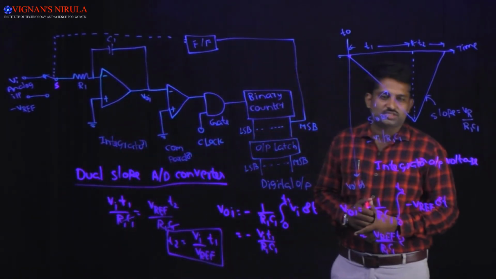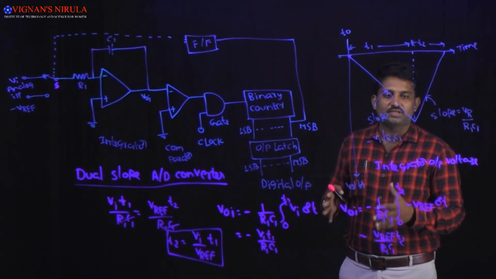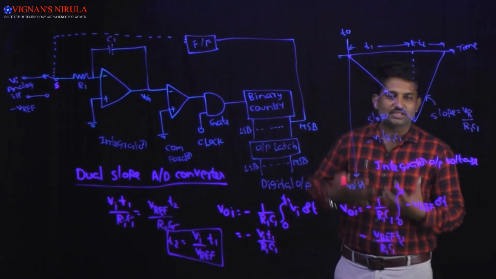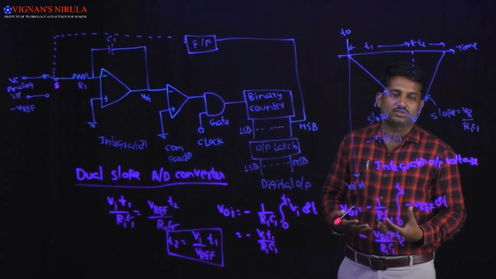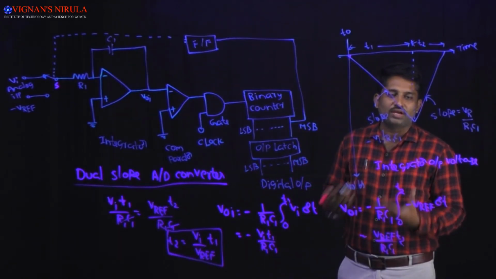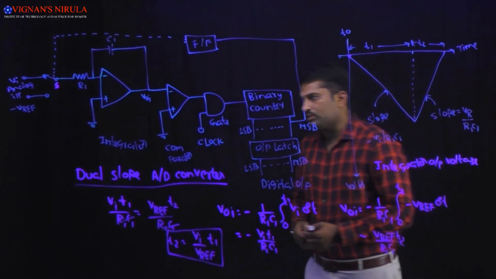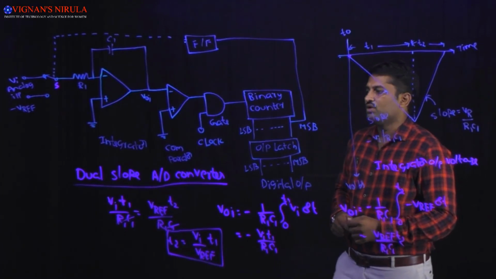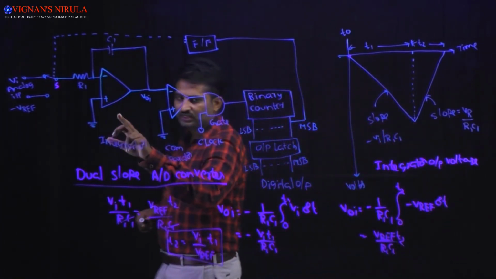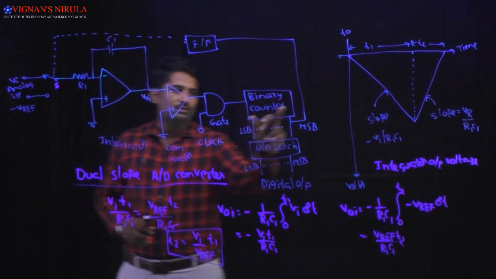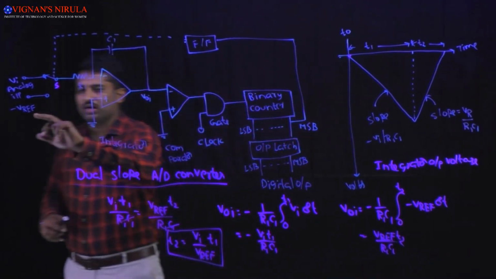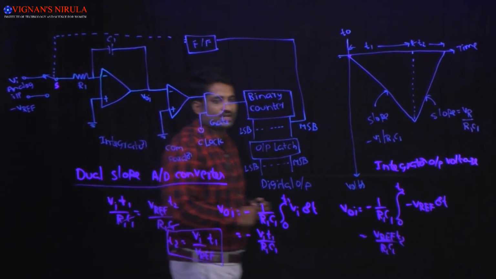The process is slow, meaning the conversion of an analog signal into a digital signal is slow, but the value is accurate. The circuit diagram of the dual slope A to D converter consists of an integrator, comparator, binary counter, output latch, flip-flop and minus V reference.